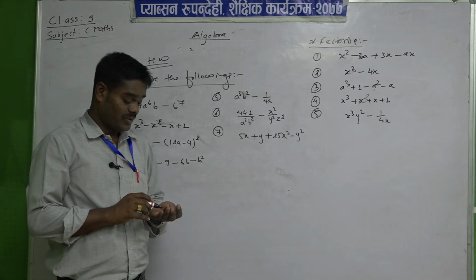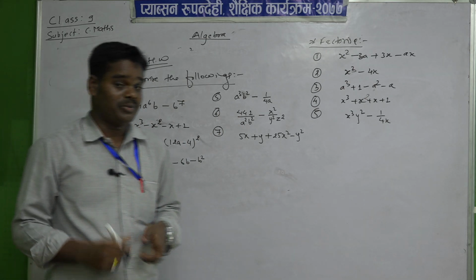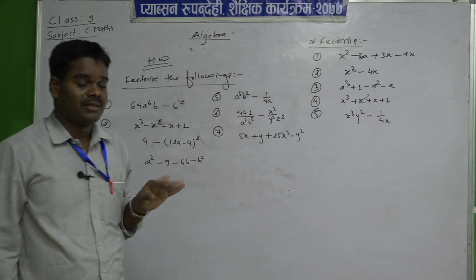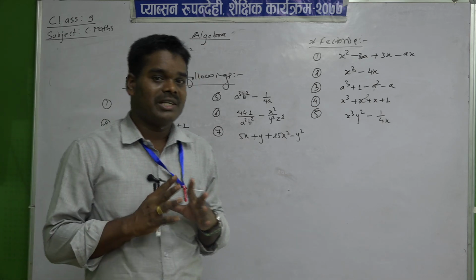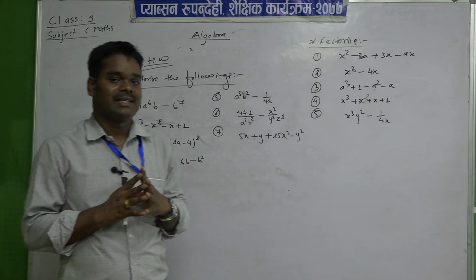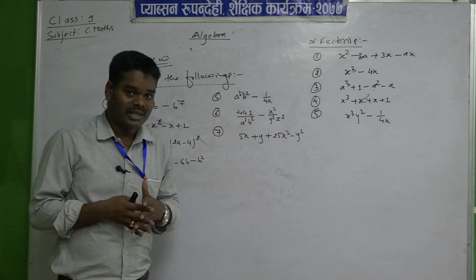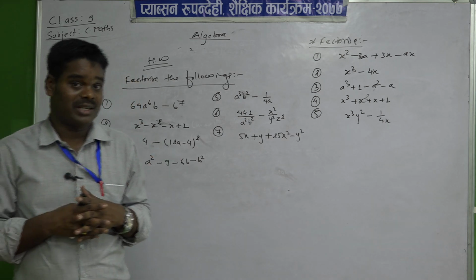As I said yesterday or the day before yesterday, some steps you have to keep in mind. Firstly, if 3 terms are given, then arrange them in ascending or descending order, then take common, and then see the coefficient of the middle term.